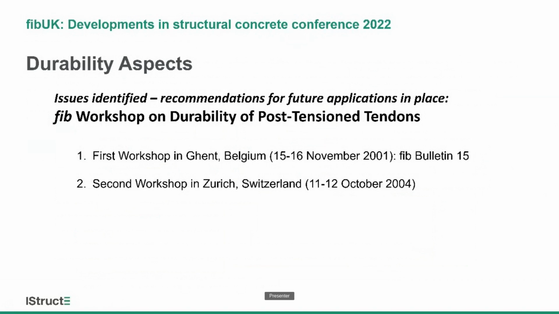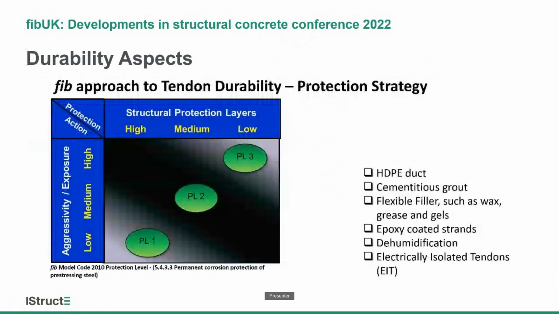Also FIB was taking care of this topic. There had been 2 workshops, 2001 and 2004, and as a result, many of you might know FIB Bulletin 33, which shows this durability chart, so that there are certain protection levels required depending on the exposure, but also depending on the structural protection layers.